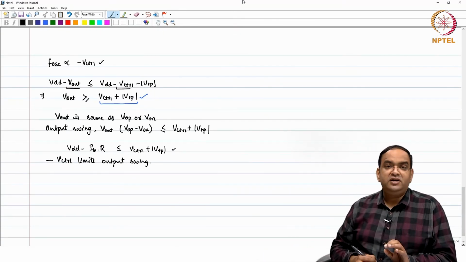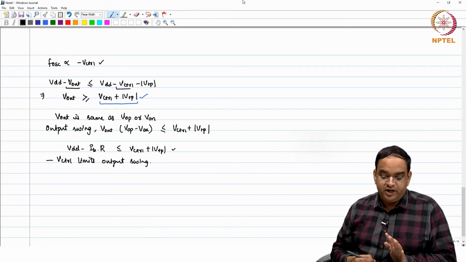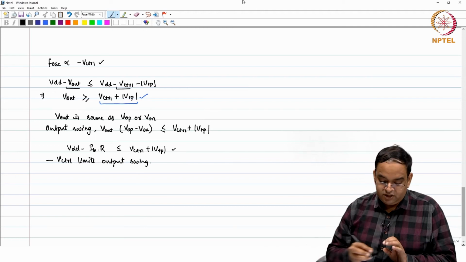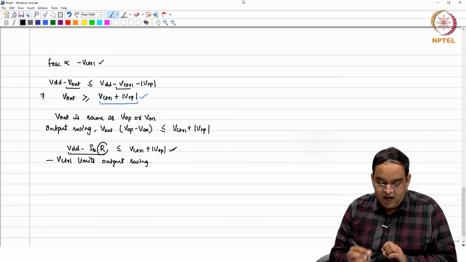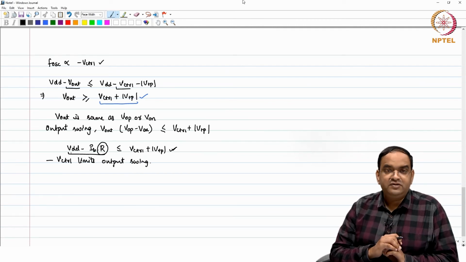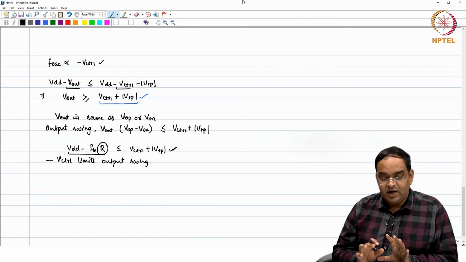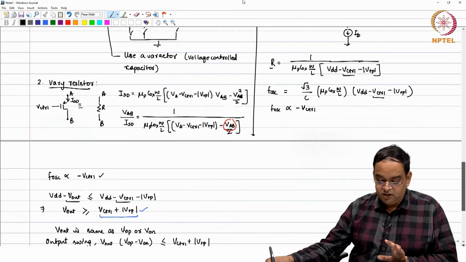So, our swing is actually a function of frequency. That problem is not yet resolved, because even if this is just an upper limit, output swing is a function of R and output frequency is also a function of R. So, we will address this problem in a moment.